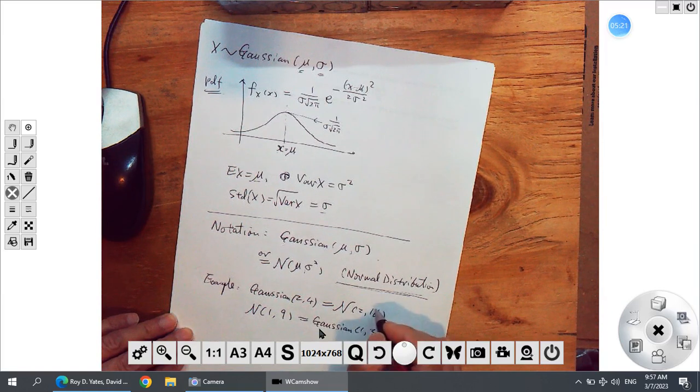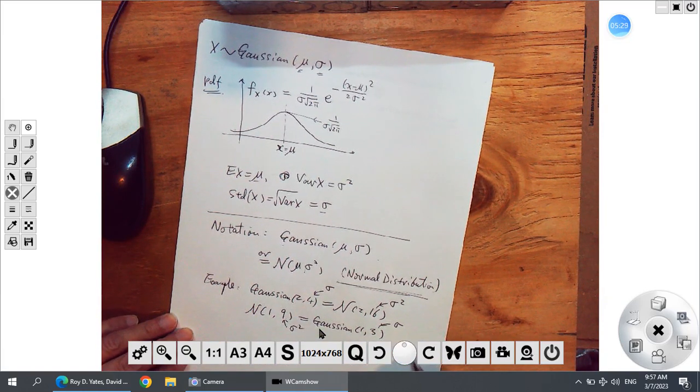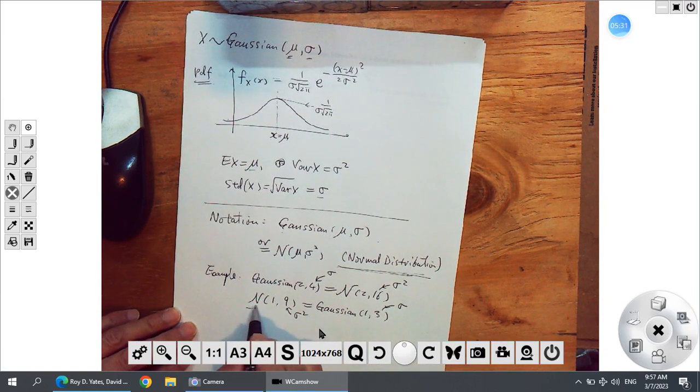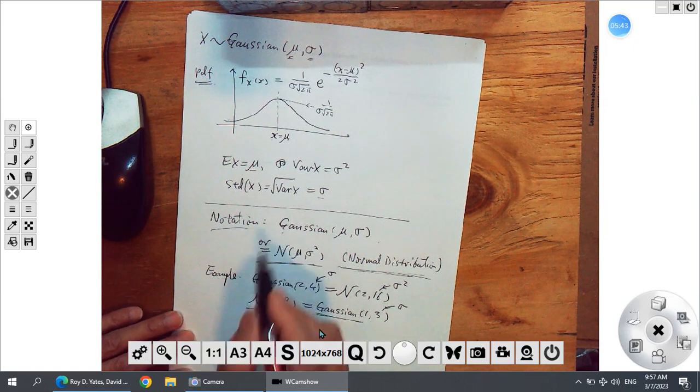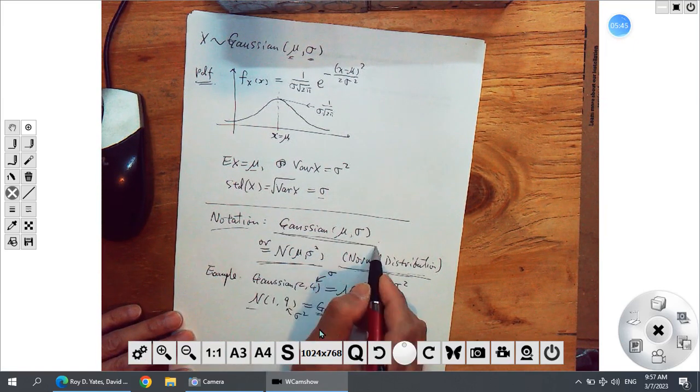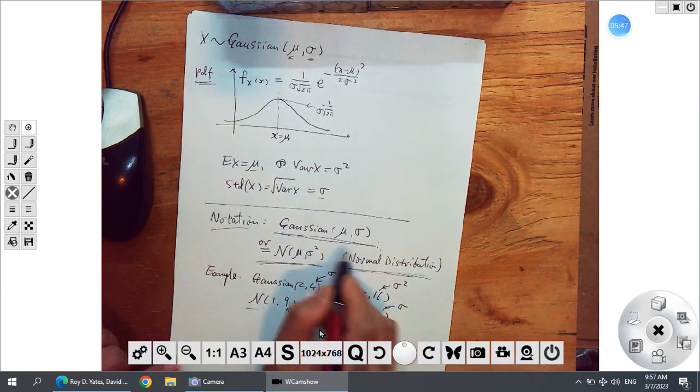This is sigma squared. This is sigma. This is sigma squared. So you use different notation, but this is simple, right? You just use one letter N. That's it. And this you have to write the whole name, Gaussian. So this notation is the most commonly used. But in our textbook, we use this one. In the book we use this one. Right?